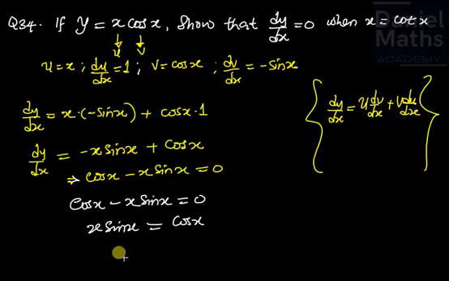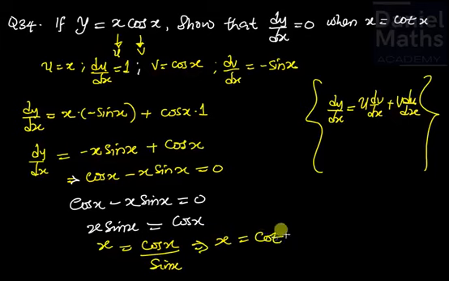If we go on further from here, you agree with me that we'll have that x is equal to cos x divided by sine x. Now let us know that cos x over sine x is equal to cot x.